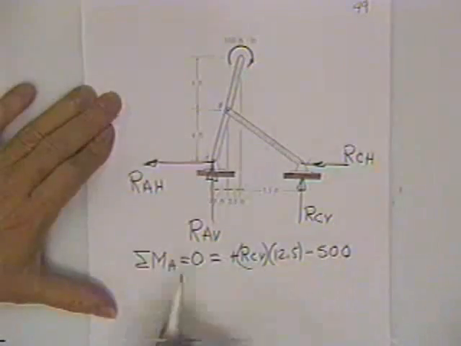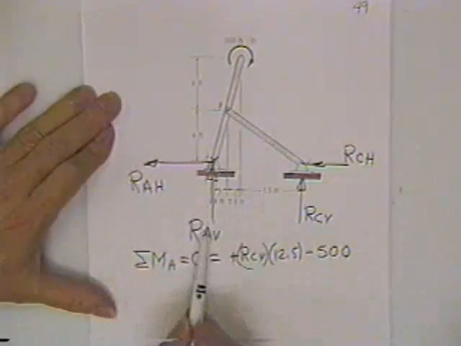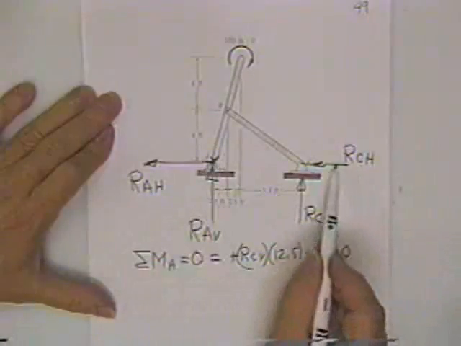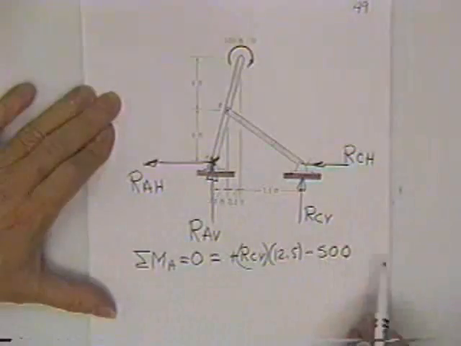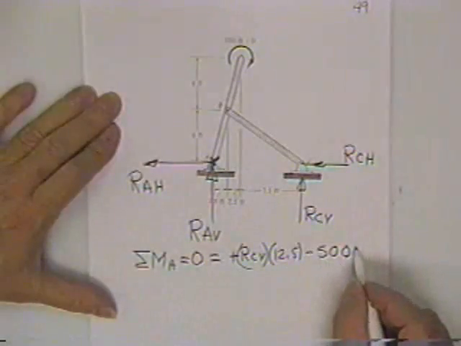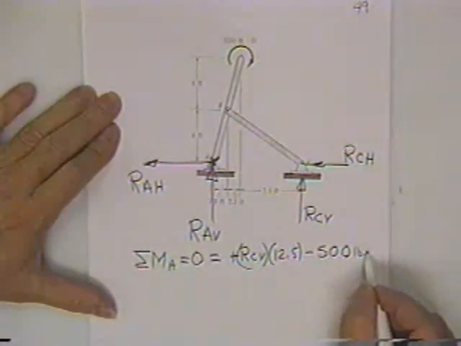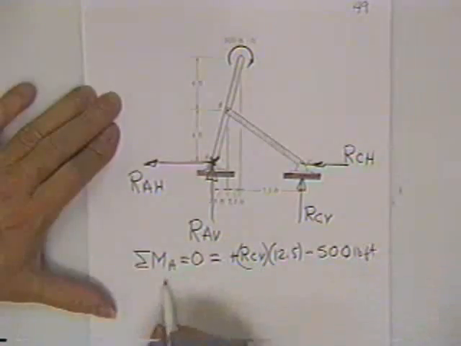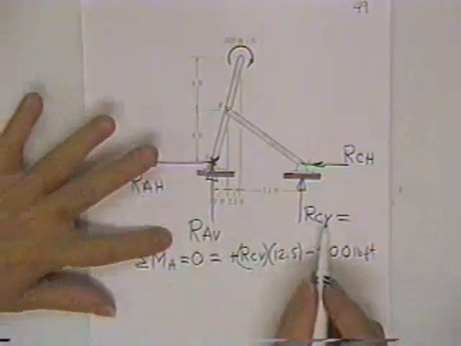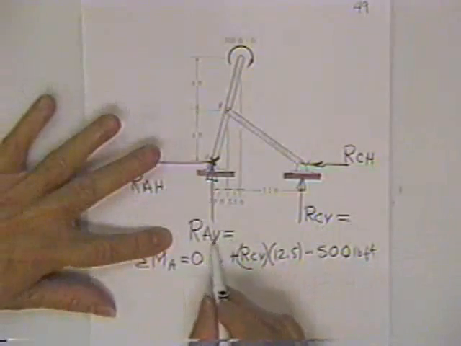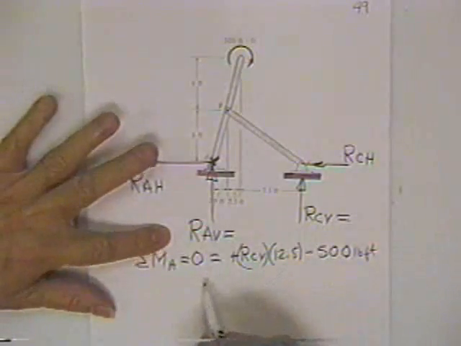That's it. Because this guy goes through point A, this guy goes through point A, this guy goes through point A. This guy doesn't have a moment arm because he's already a moment. So you can solve for RC vertical from this equation. Sum forces vertical, solve for RA vertical from this equation.